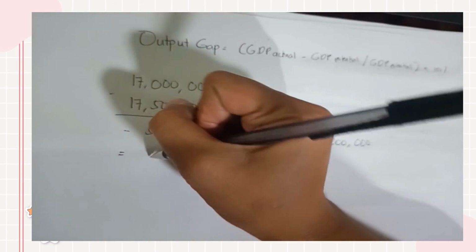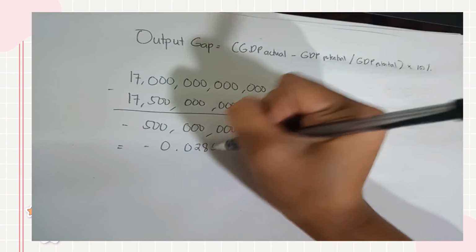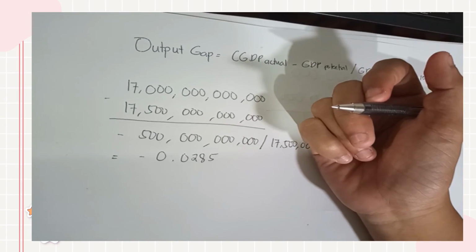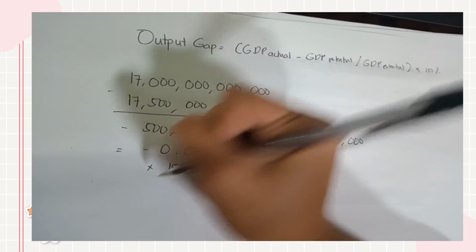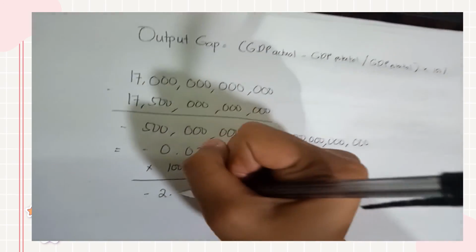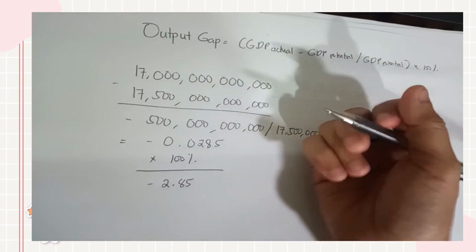So it would result in negative 0.0285. And you have to multiply it by 100%. It would be negative 2.85. This is the output gap.